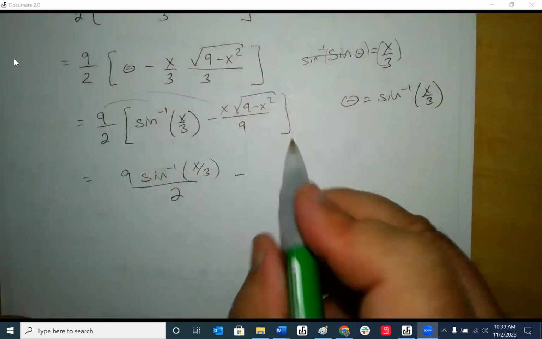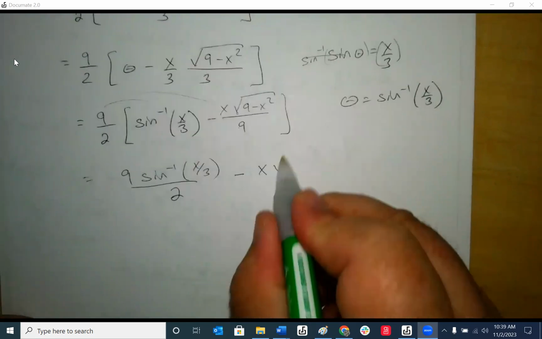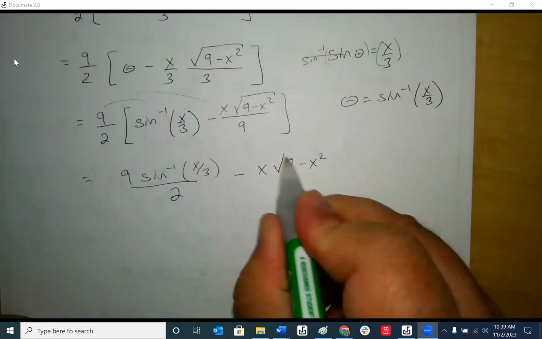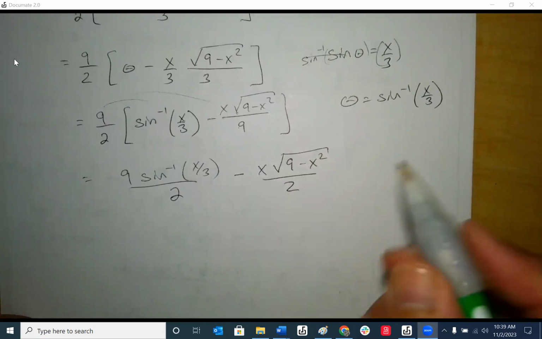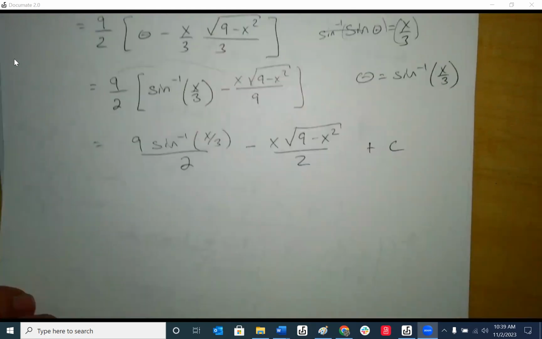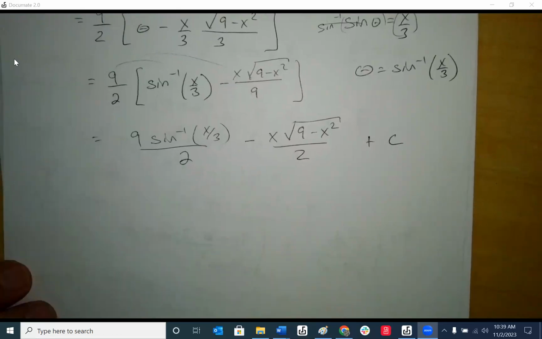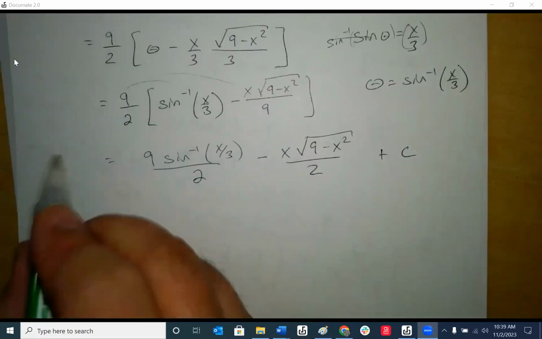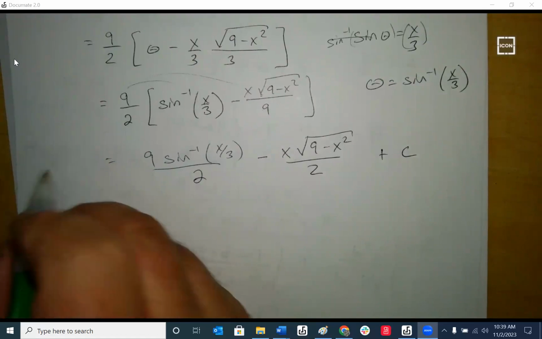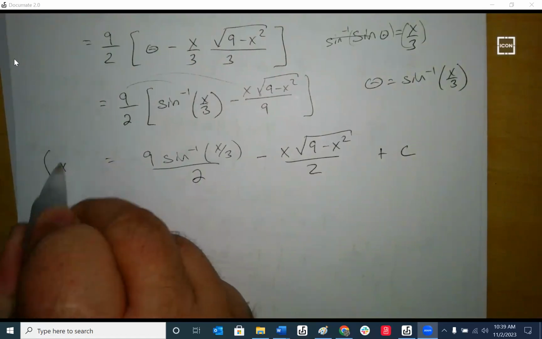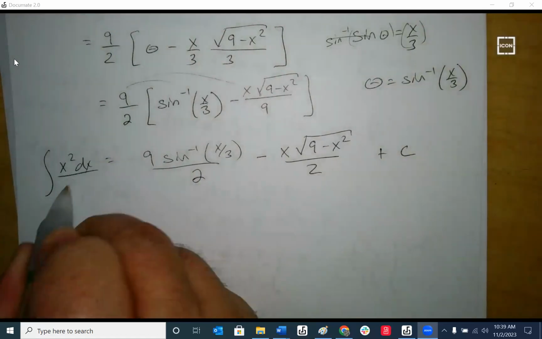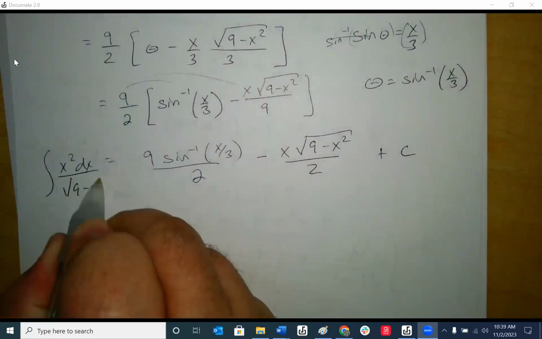The 9s cancel, so it's just x times the square root of 9 minus x squared over 2, plus c. And there is our integral of, what was that function? x squared dx over 9 minus x squared.